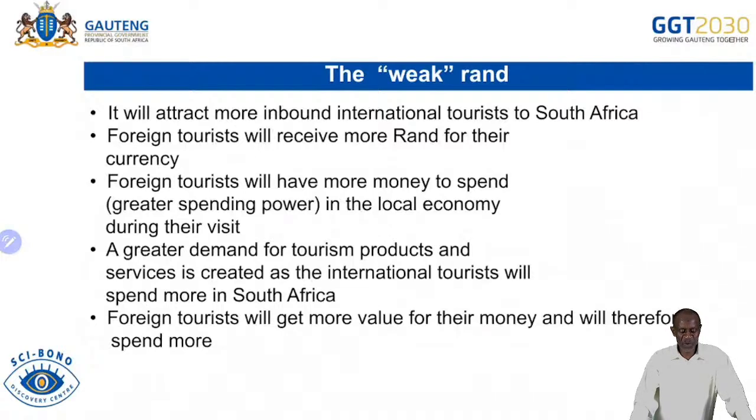So if the rand is weak, it will attract more inbound international tourists to South Africa. Foreign tourists, upon exchanging their currency, will receive more rand for their currency. Foreign tourists will have more money to spend, that is greater spending power in the local economy during their visit.